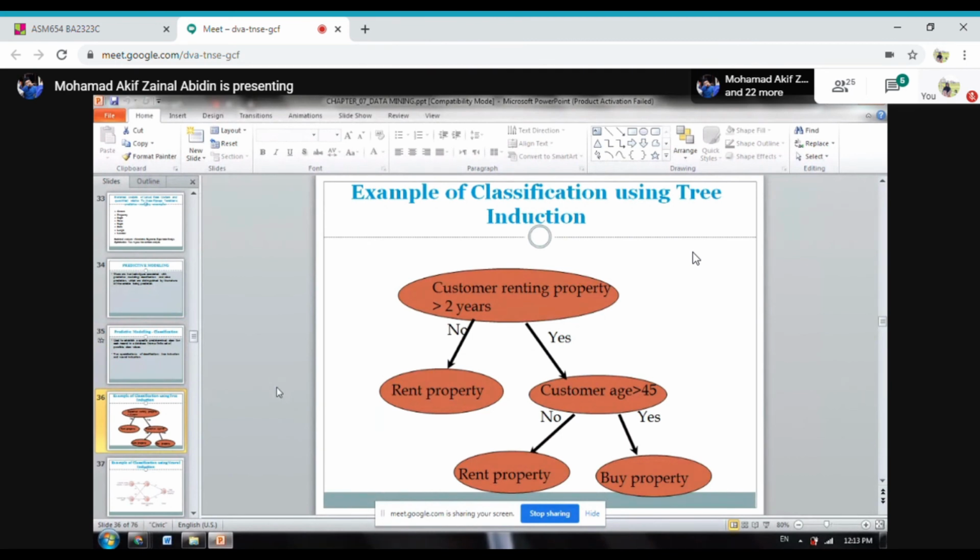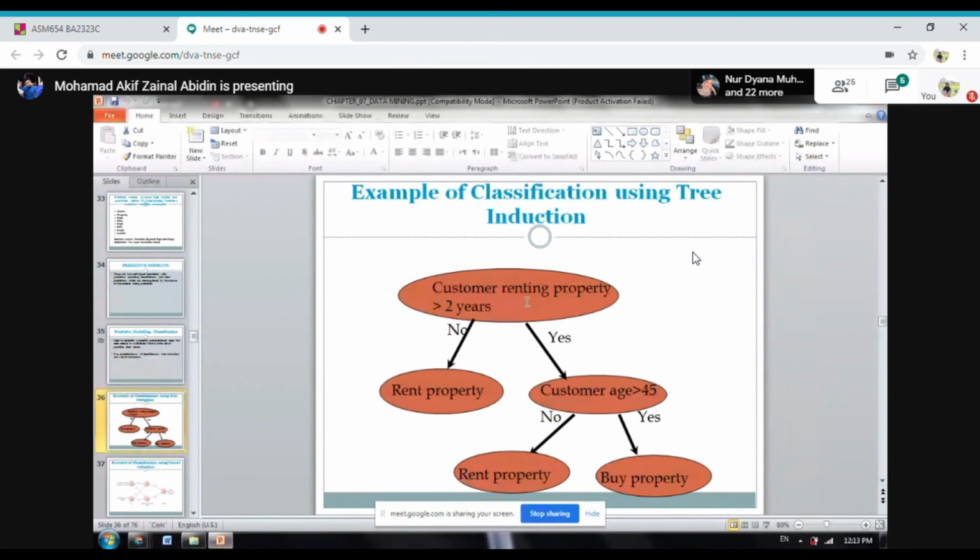Next slides. Okay, this example, the question would like to classify customer sama ada dia nak beli rumah ke tidak based on two attributes. Okay, kalau you tengok sini, the decision maker would like to analyze the customer sama ada dia akan beli property ataupun tidak.